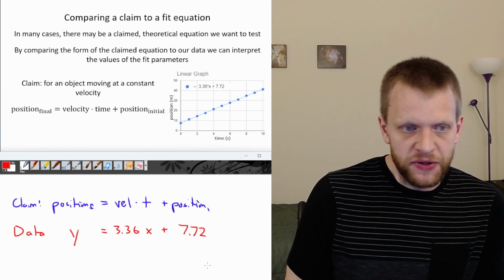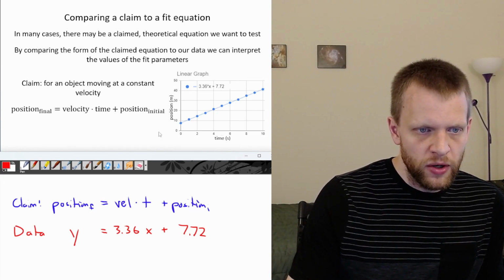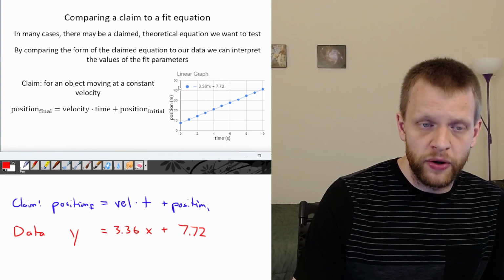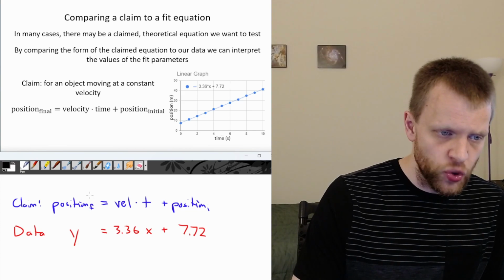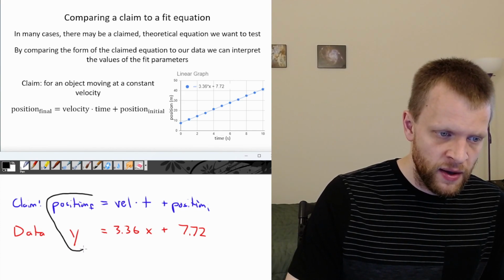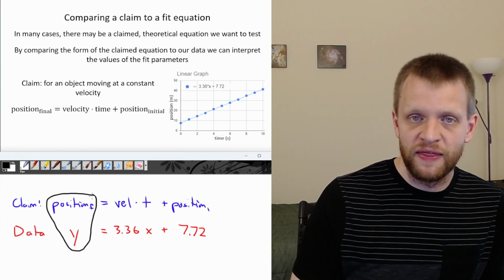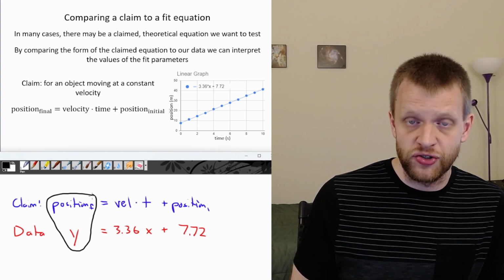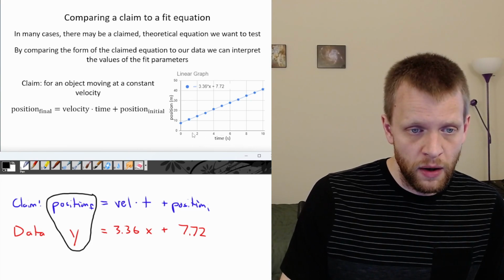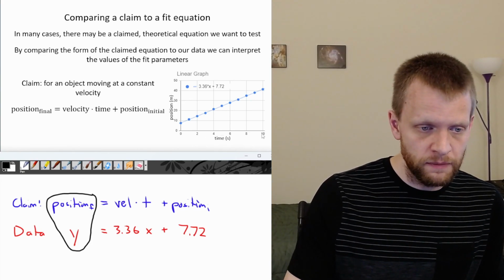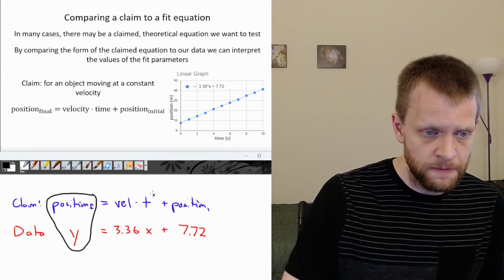So how do we interpret these quantities? Well, let's look at what we put on the vertical axis. We put position on our vertical axis. So we can match up that my final position, that is the thing I put on the vertical axis. Those terms match up with each other. On the horizontal axis, well, that's where we put time.